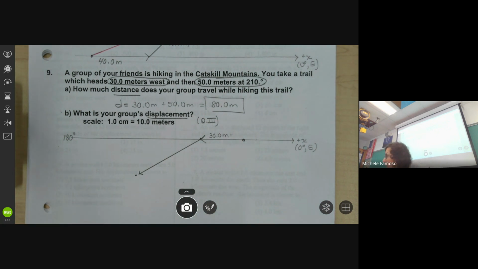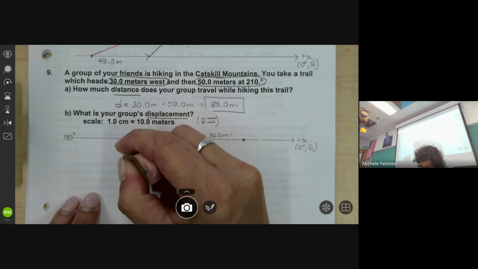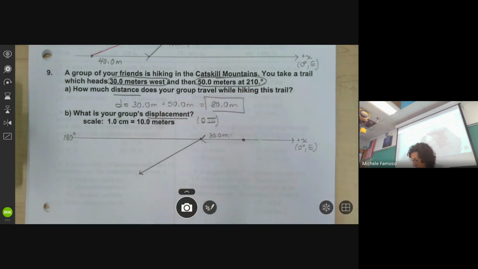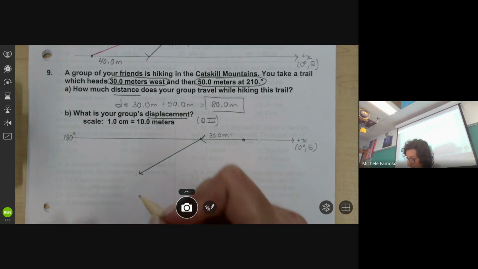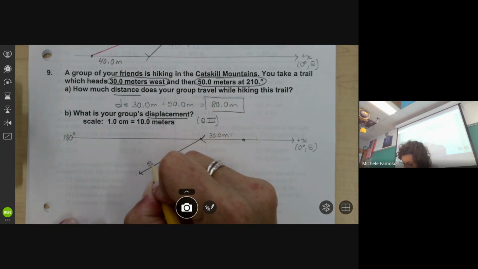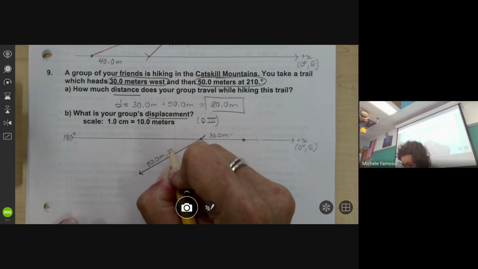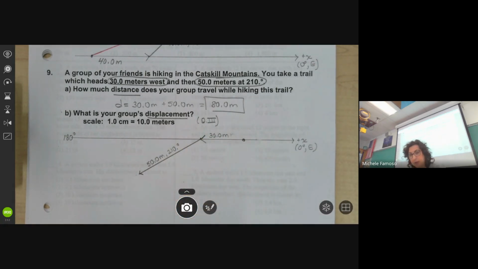I'm going to erase that little reference mark that I made so it doesn't get involved in the question. Okay. We're going to label it. This is 50.0 meters, comma, 210 degrees. We label the angle so that way we know exactly what that's supposed to be.